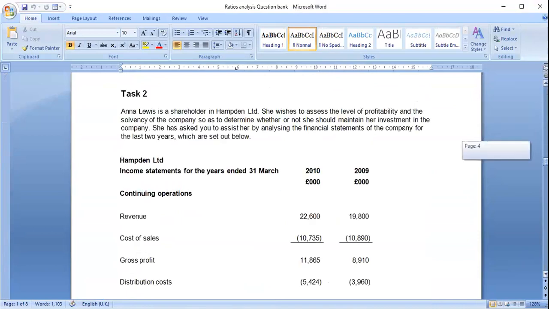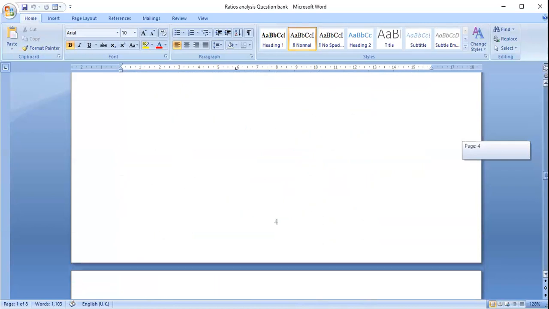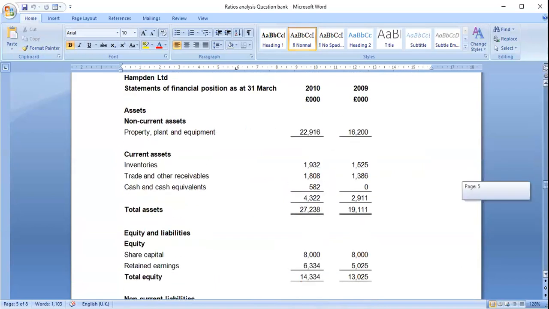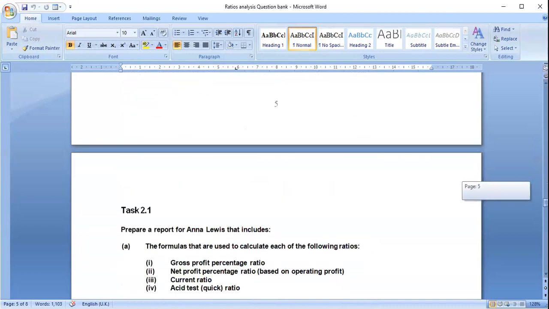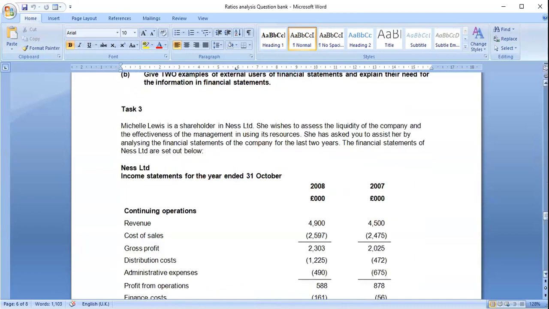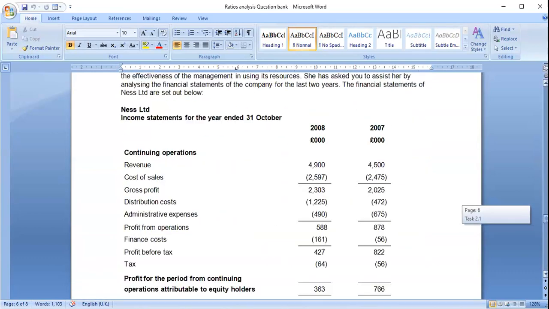Or you can look at other companies as well, like we have here Anna Lewis, and we've been given the 2 years accounts. And we can look at Hamden Limited, and we've been asked to calculate these ratios using the formula and comment.